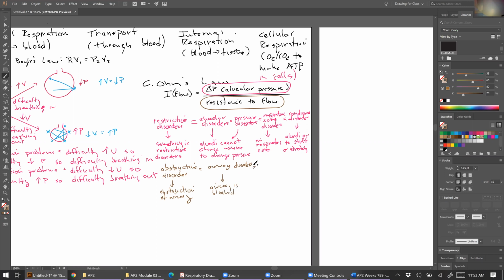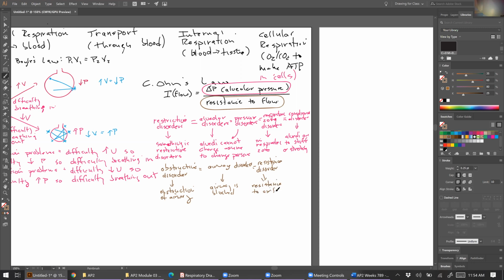Here's what always gets me. I used to do electricity. I used to do electrophysiology. I would study ion channels. So I used to really have to use Ohm's law a lot. So my problem here is this is a resistance disorder because it's a problem with resistance to flow. But resistance sounds a lot like restrictive, but they're the opposite. So it's called a resistance disorder because there's a resistance to airflow.